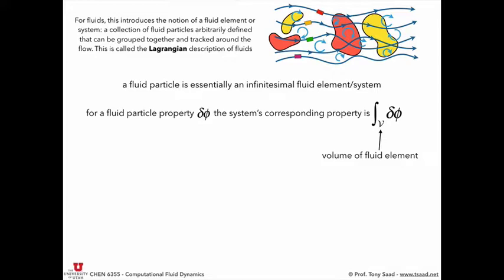Now delta m is an infinitesimal property, and that is given by the density times the infinitesimal volume. Now density is an intensive property, so there's no delta rho over here, right? Because it's an intensive property. It's a property of one point or the entire fluid.